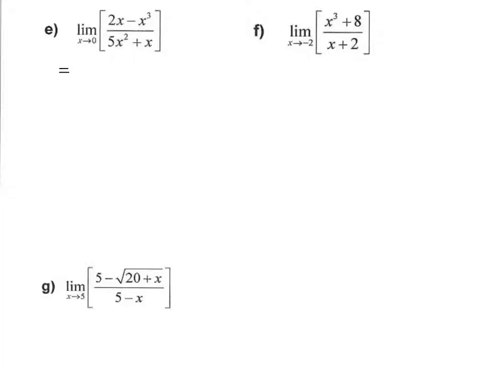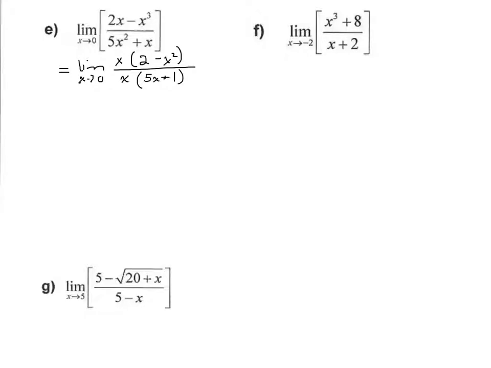Here, of course, 0 divided by 0, we got nice common factors of x in both numerator and denominator. So let's factor those out. If we take x out of the numerator, we're left with 2 minus x squared. In the denominator, take out that x, we have 5x plus 1 left over.